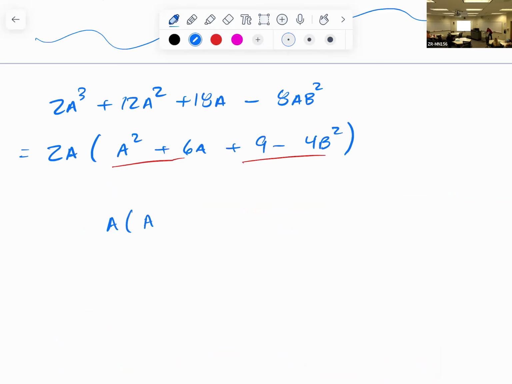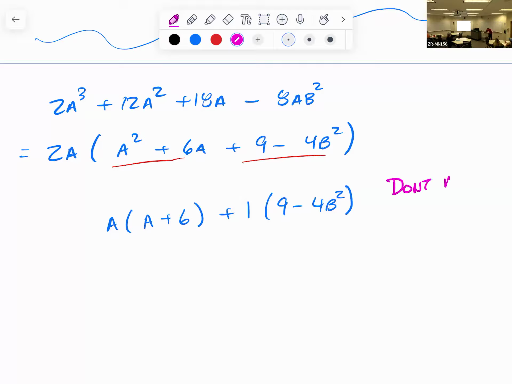And A comes out of the first 2 terms. 1 comes out of the second 2 terms. Ah, they don't match.